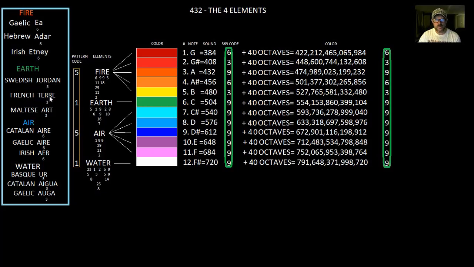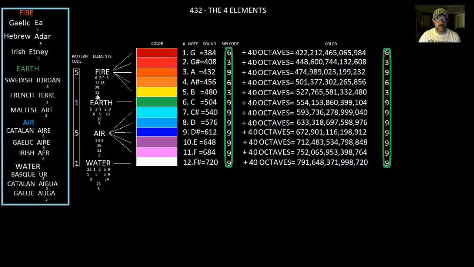The French word for earth is right here, codes to 3. The Maltese word for earth is right here. Notice that ART is ART right here. Same thing with air. The Catalan language codes air to 6. The Gaelic word for air right here, 6. Irish word for air, 6.